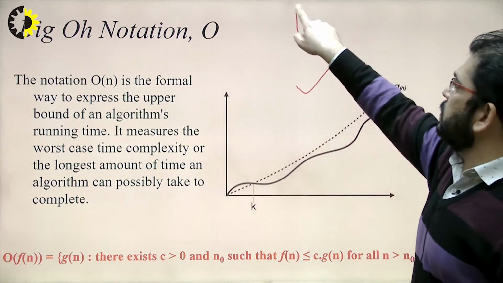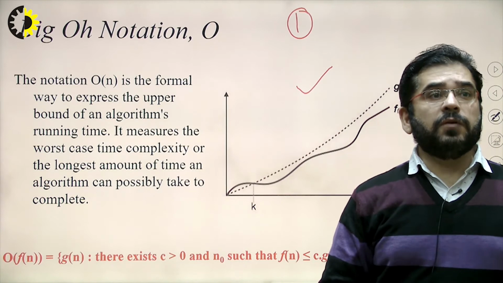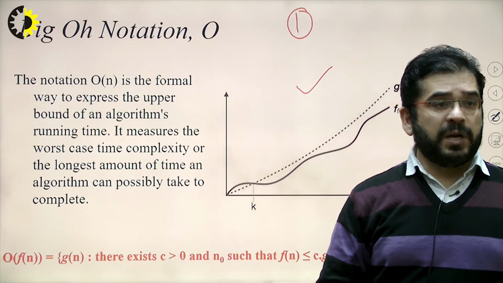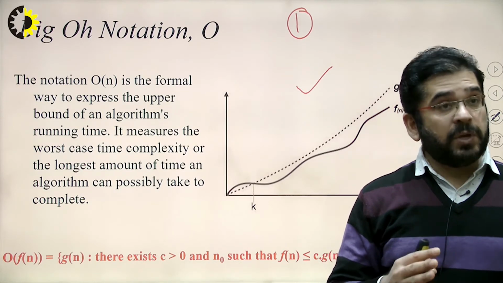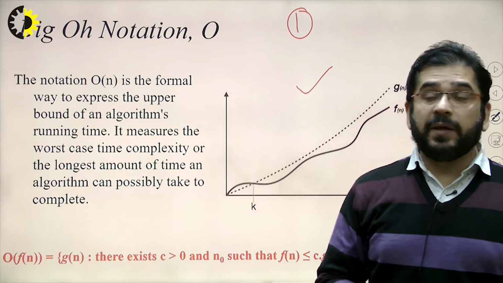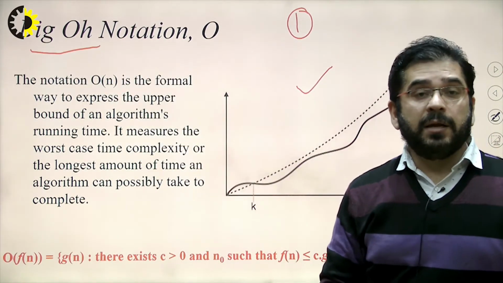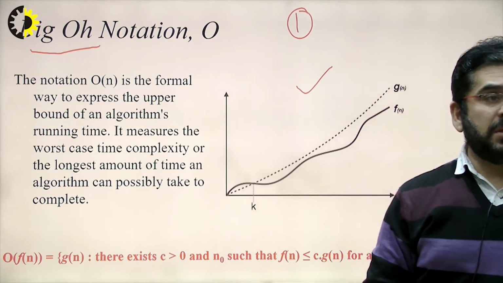So very first one is our big O notation. This notation is the formal way to express the upper bound of an algorithm's running time. So the maximum time taken by an algorithm can be calculated by this big O notation. This is most popular, and in most algorithms this notation is used to measure the time complexity of the algorithm.